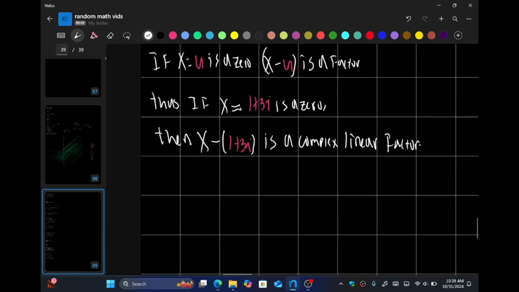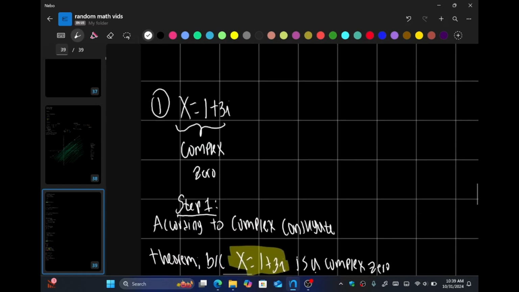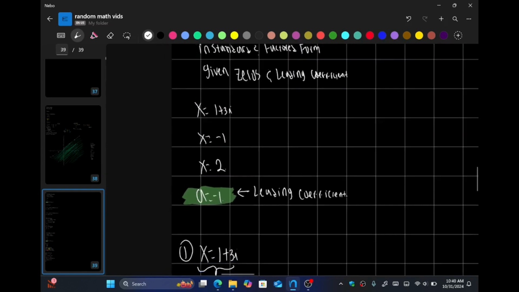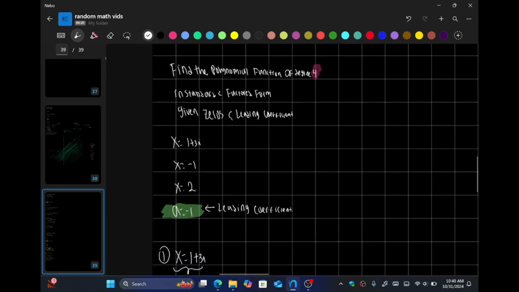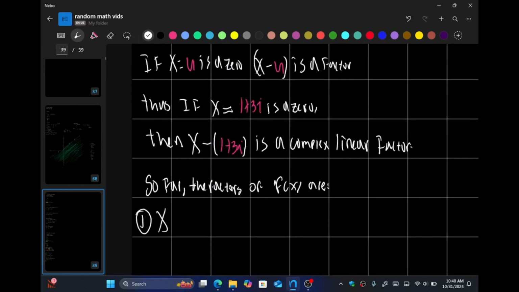So we know that so far the factors of f of x are the quantity x minus 1 plus 3i.